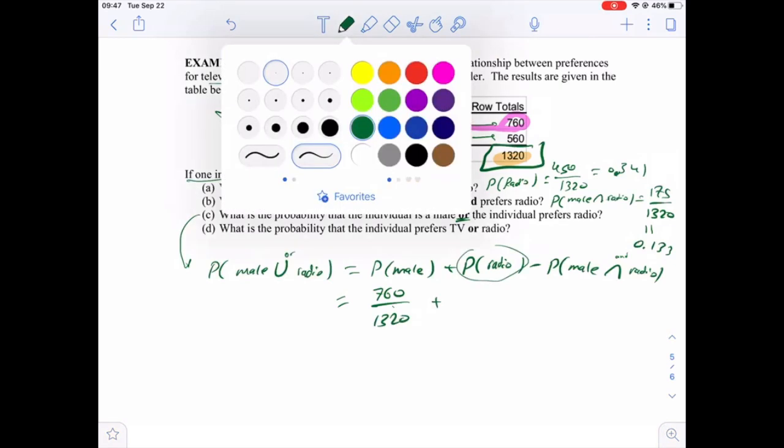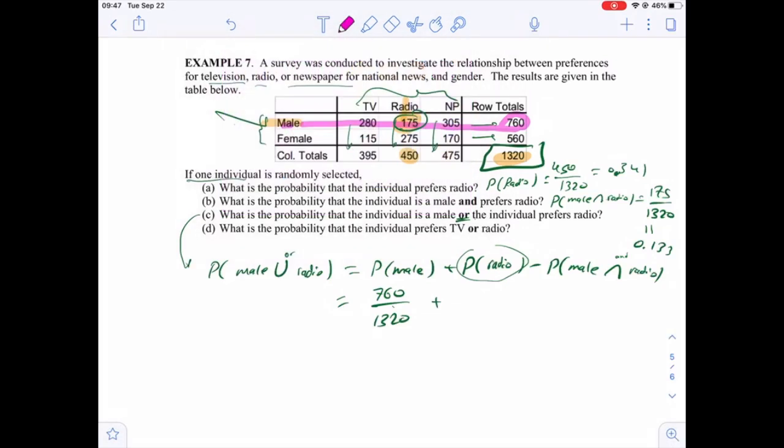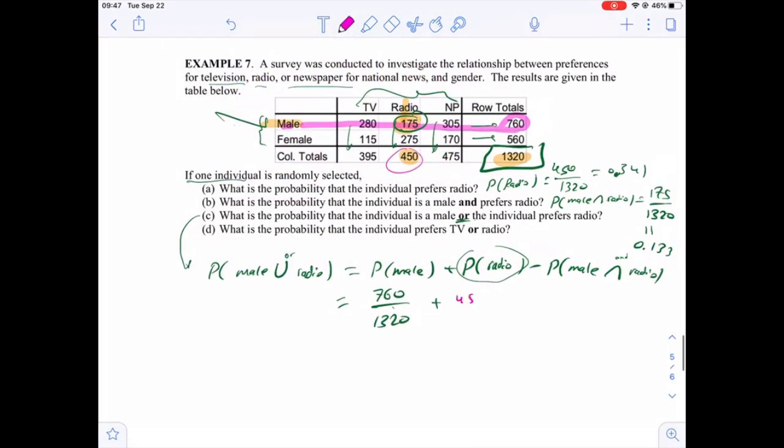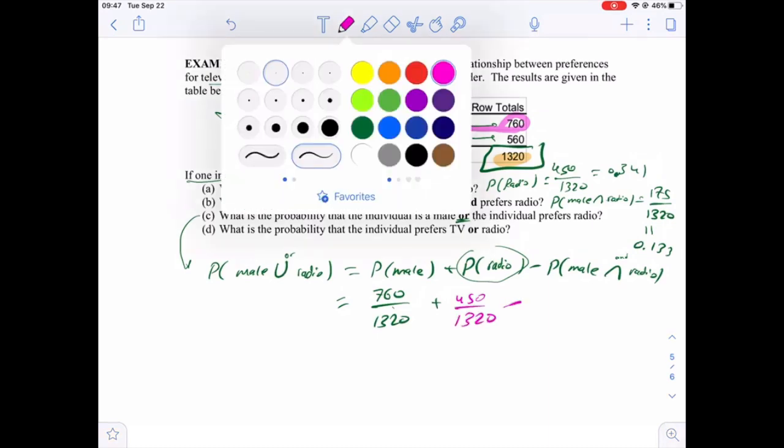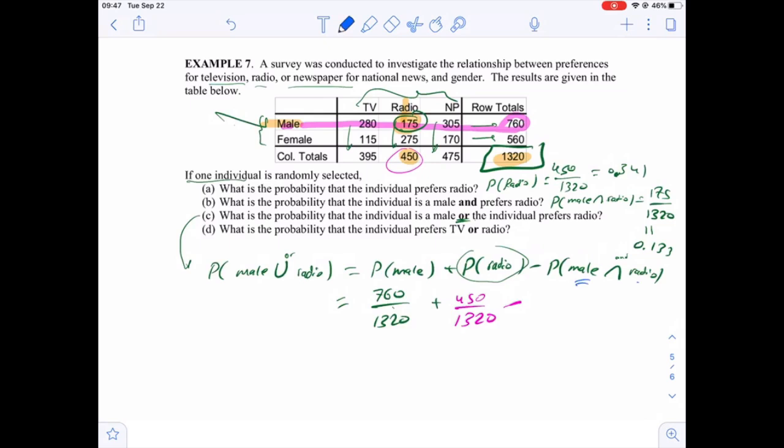What is the probability of following radio news? We have 450 out of 1320 minus probability of male and follow radio news, 175. This is the intersection between radio and male, 175 over 1320. So using calculator we get 0.78.